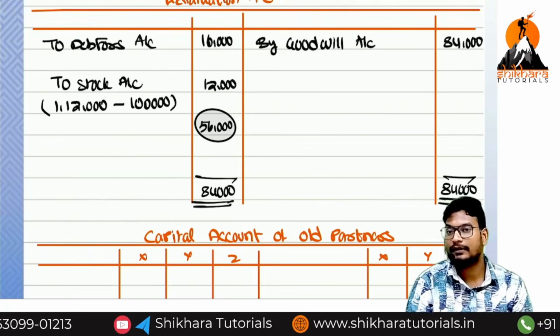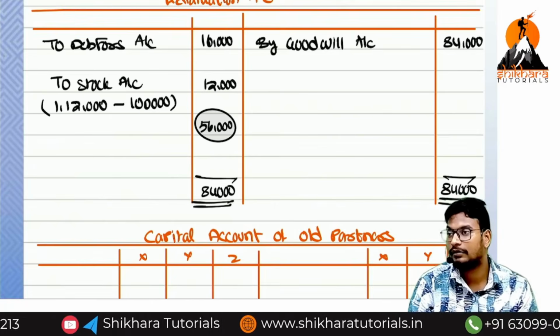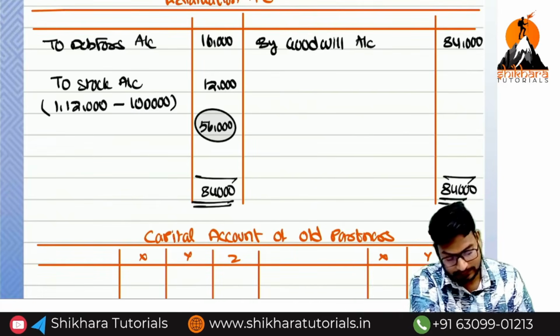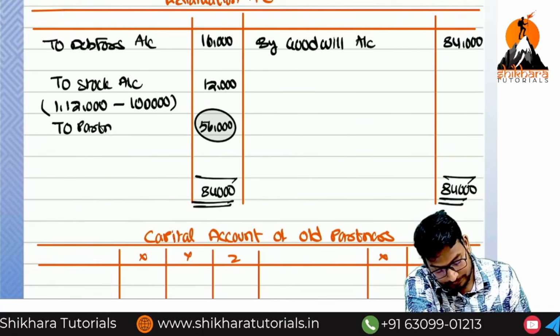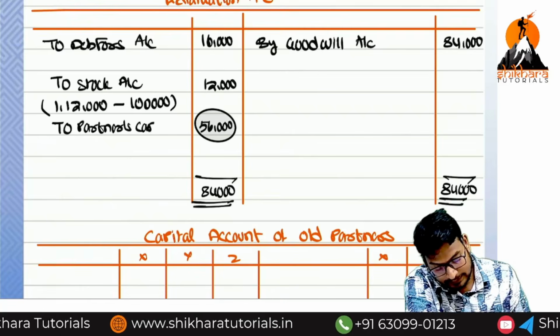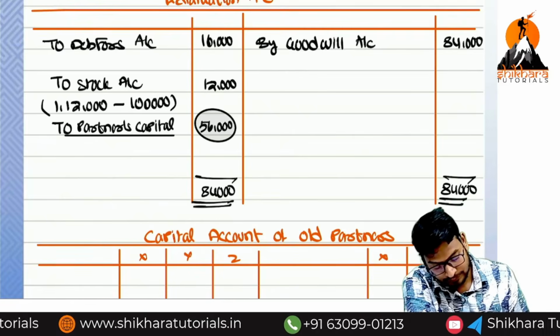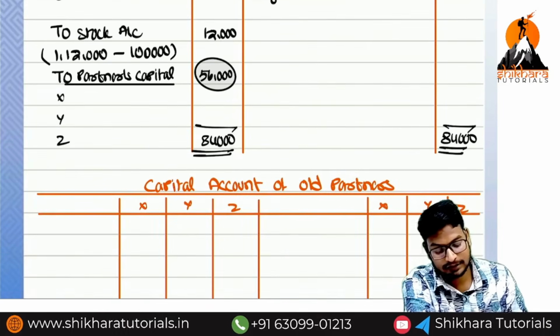Which partners do we need to give the revaluation amount? Old partners or new partners? Old partners. Who are the old partners? X, Y, Z. So two partners' capital accounts. Who are the old partners, Amma? X, Y, Z.